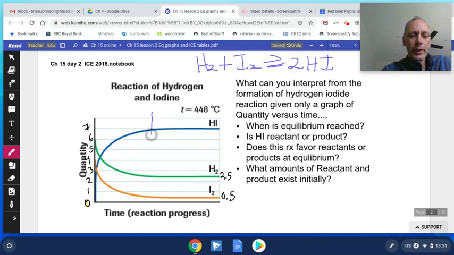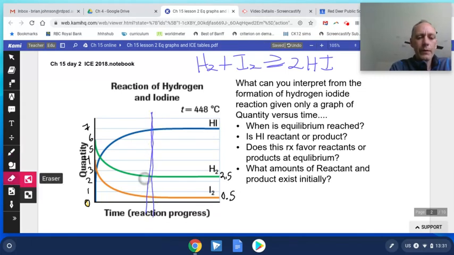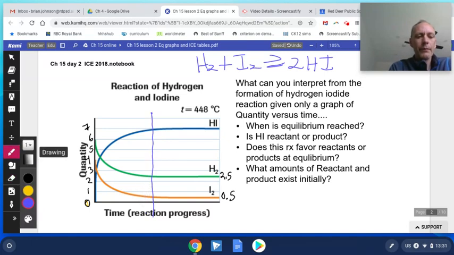It would be the point where the lines are flat and they stay flat. Boy, did I ever draw that crooked. Here's my redo. Okay, whatever time that is, let's say this is 0, 10, 20, 30. We would say at about 18 seconds, equilibrium has been reached.